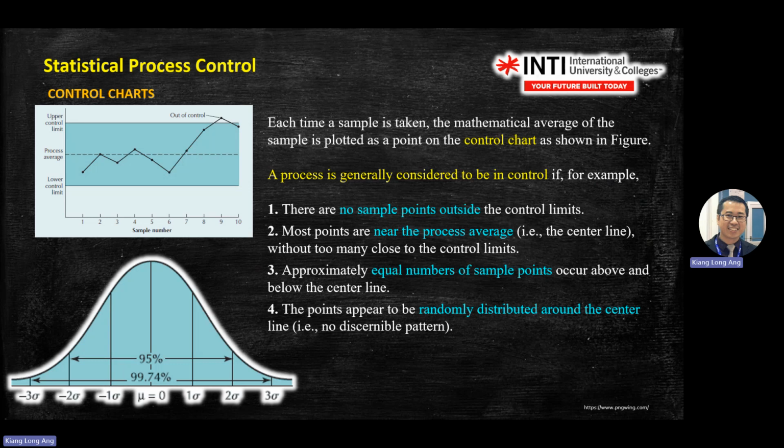Of course, you have an upper limit and lower limit here. Fourth, points appear to be randomly distributed around the center, with no discernible pattern, within the mean line there. These are the 4 checks.